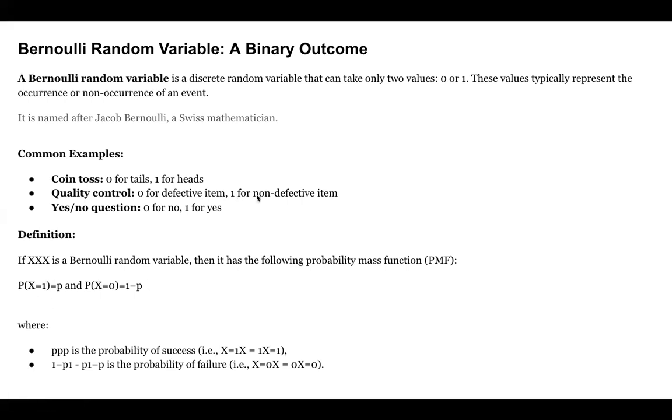But of course, for other questions like yes/no questions, there is no guarantee that it would be 50-50. It could be 30-70. So if the probability of 1 is 30%, then the probability of 0 is 1 minus 0.3, which is 70%. So p is the probability of success and 1 minus p is the probability of failure.